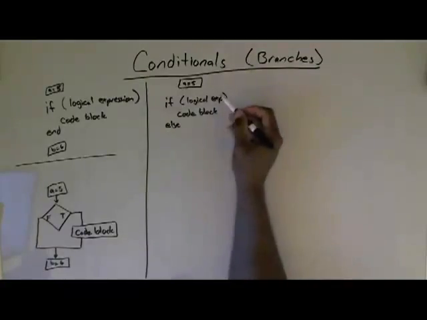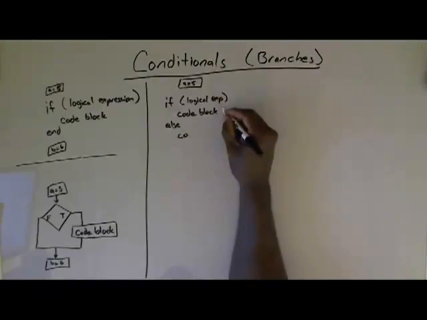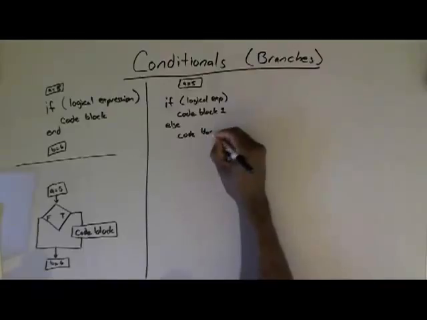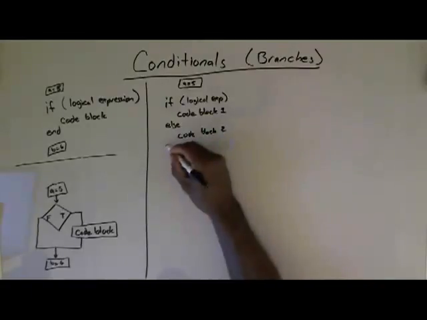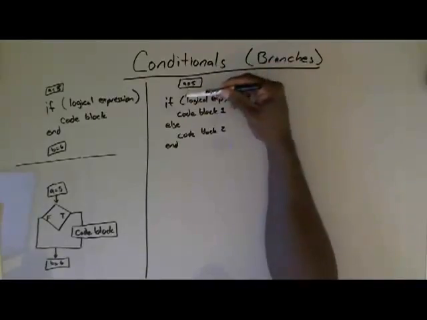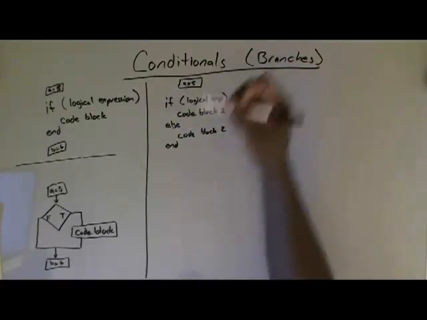Else, in other words, if this is true, do this. Else, which is basically saying if this is false, then, and let's call this code block 1, we call this code block 2. That's saying if this test is true, then do this block of code. Else, in other words, this test is false, then do this block of code.